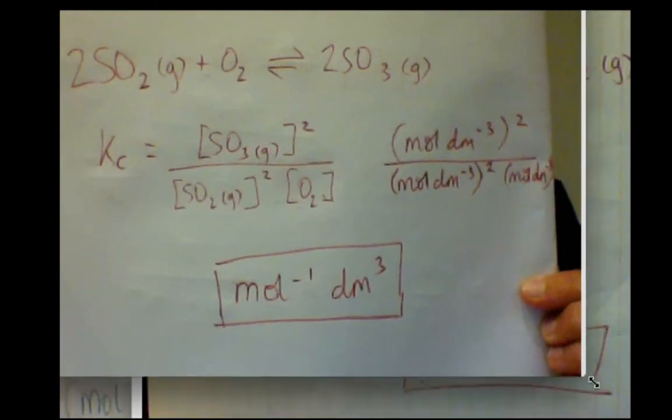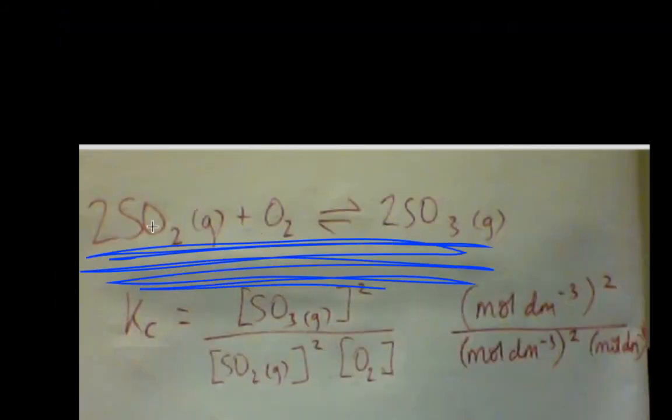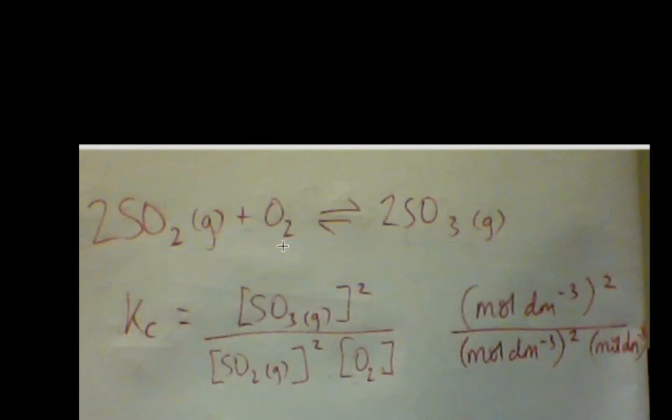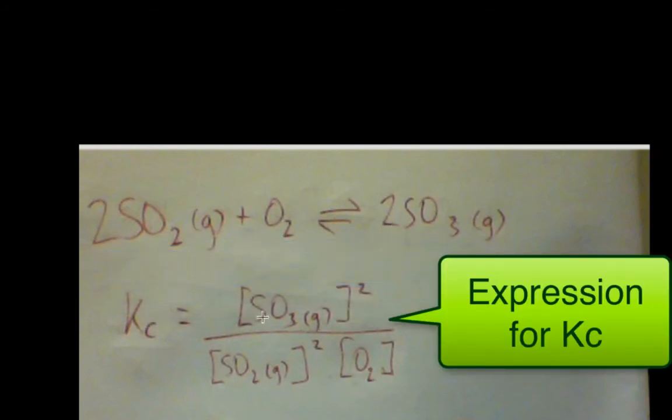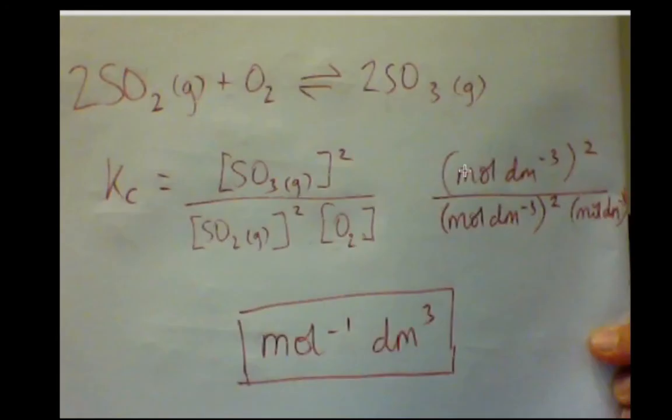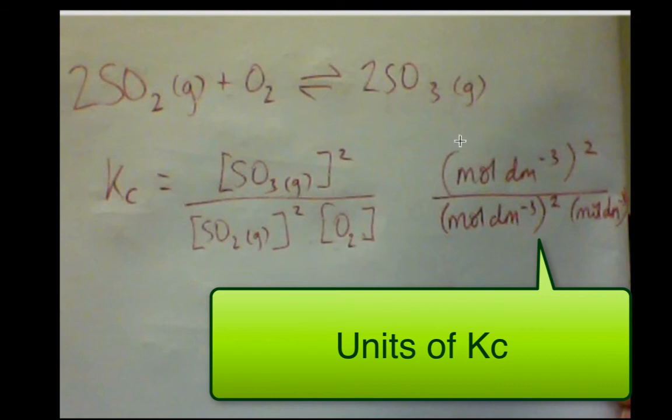So even if you have something a bit more complicated like this, here we've got SO2 reacting with oxygen to make SO3. Our equilibrium constant will be this concentration squared on the top, and on the bottom we've got this concentration squared and another concentration here. So in terms of our units, we're going to have moles per decimetre cubed, squared on the top and then squared on the bottom here with an extra moles per decimetre cubed there.